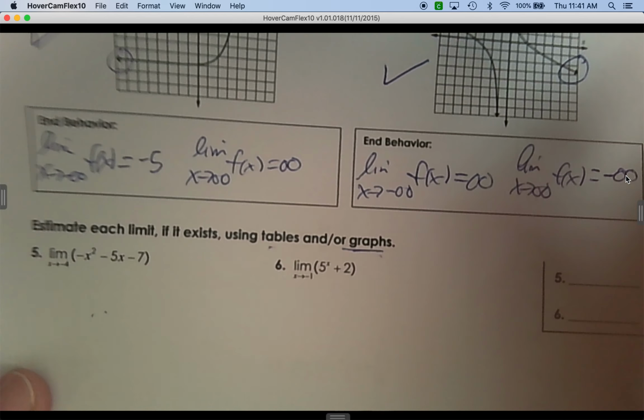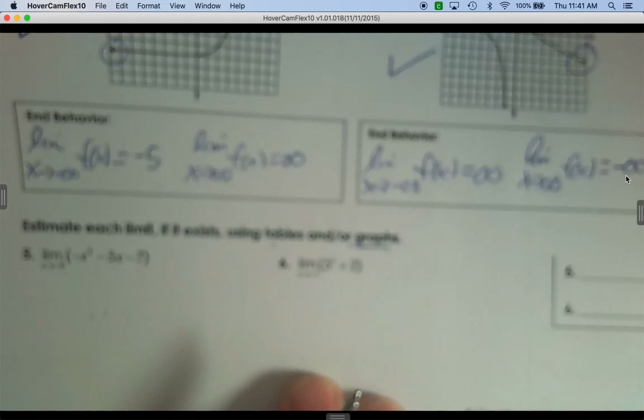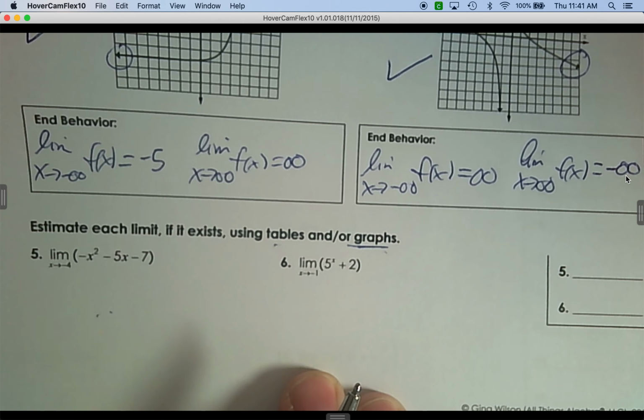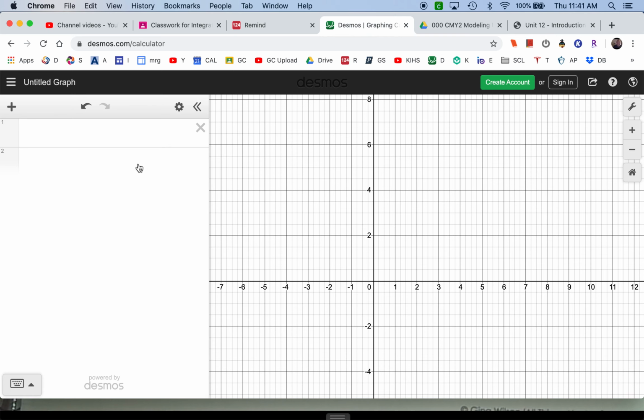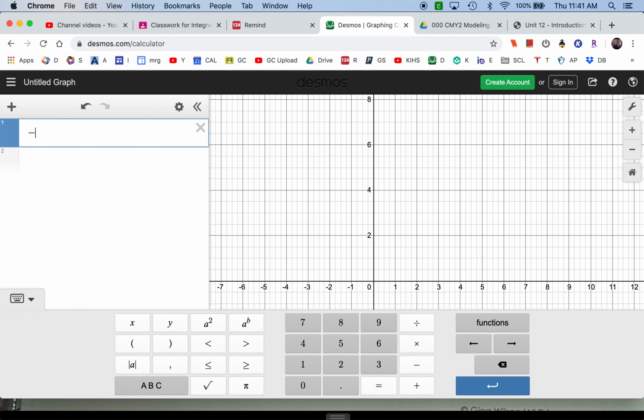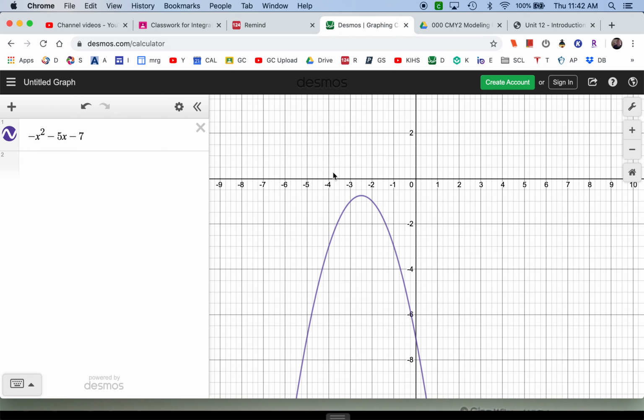All right, are you able to use tables or graphs to be able to find limits? So we are going to use graphs, and we're going to use Desmos here. So let's go to Desmos and type this in and see what the answers are. So negative x squared minus 5x subtract 7. And I'm looking as x approaches negative 4. So here's negative 4.